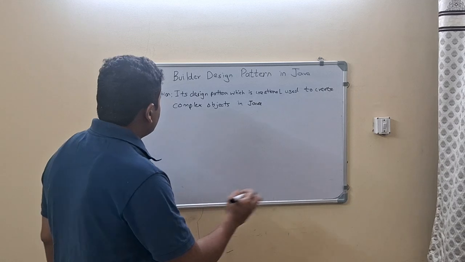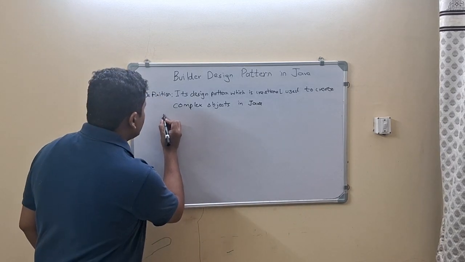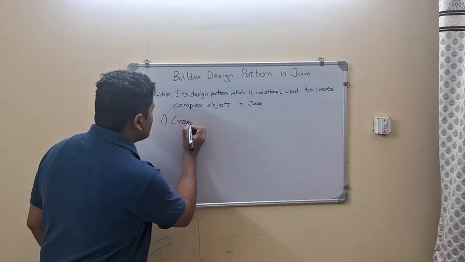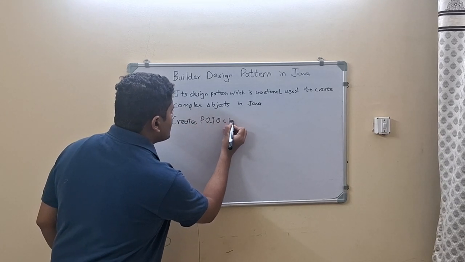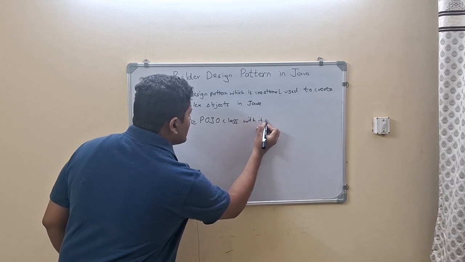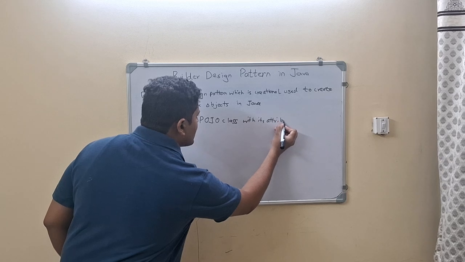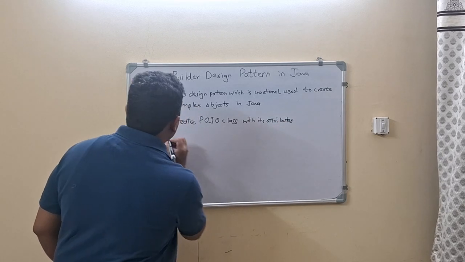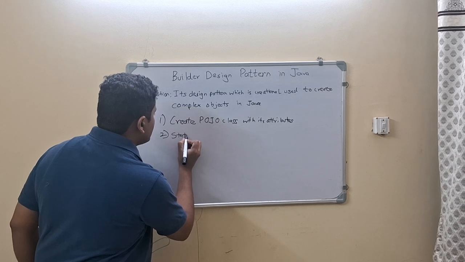The prerequisite of creating a builder design pattern is, first, you need to create a Pojo class with its attributes. Secondly, you need to create a static builder class.